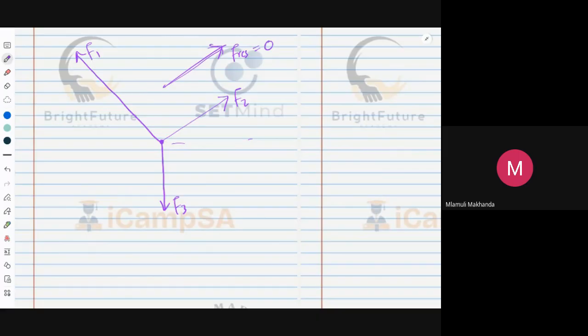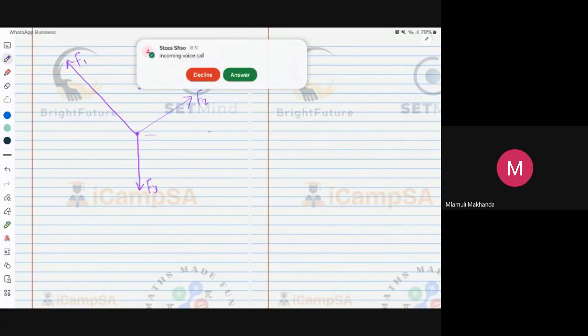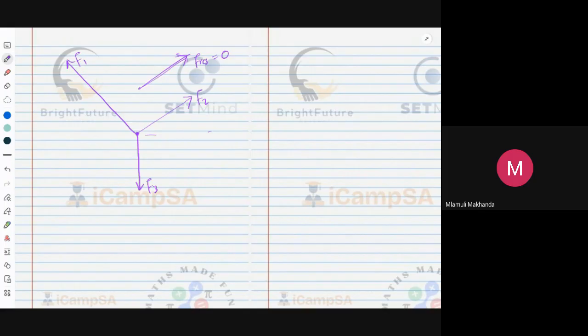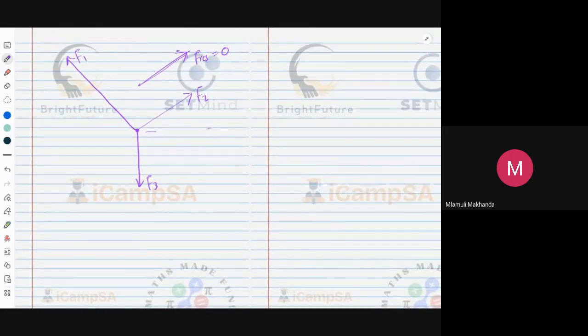So here's what it means. There's this triangular law, or I'm not sure if I should call it a law. What it tells us is that you can draw all of these vectors into just a triangle. But when you draw the triangle, they must all be in this direction. Let me show you what I mean.